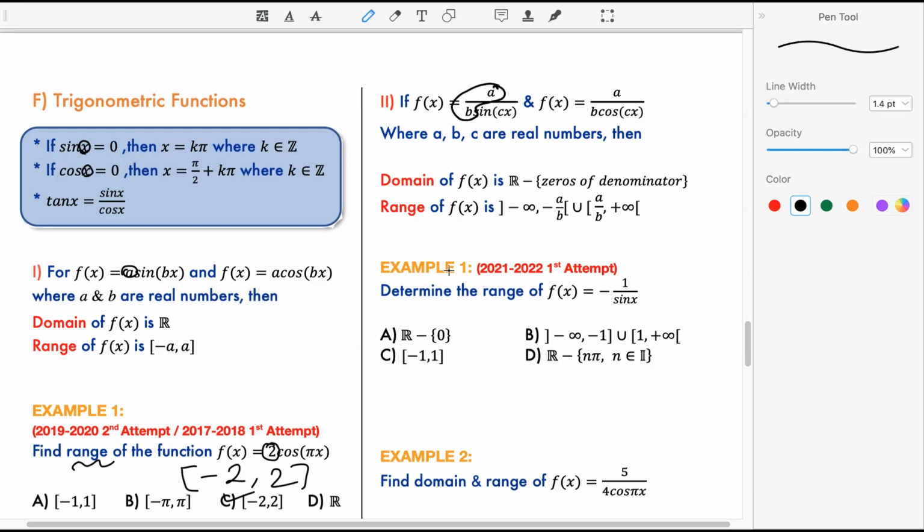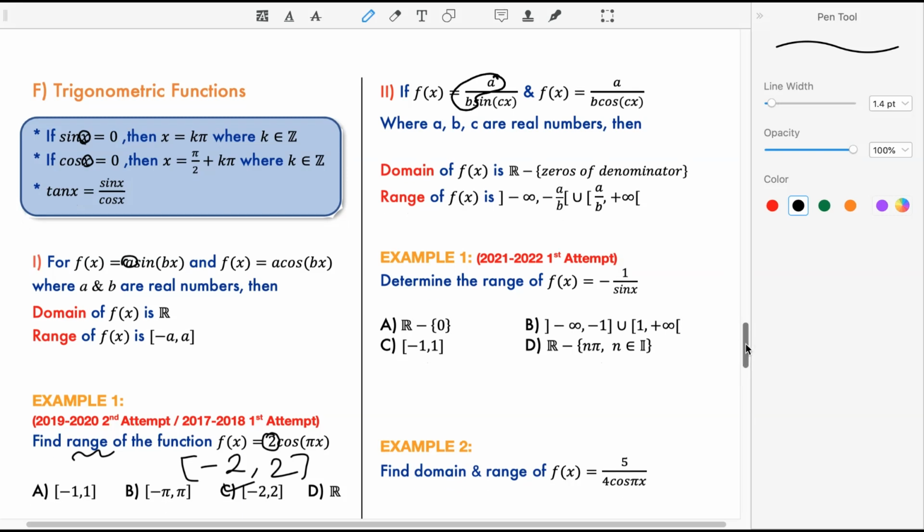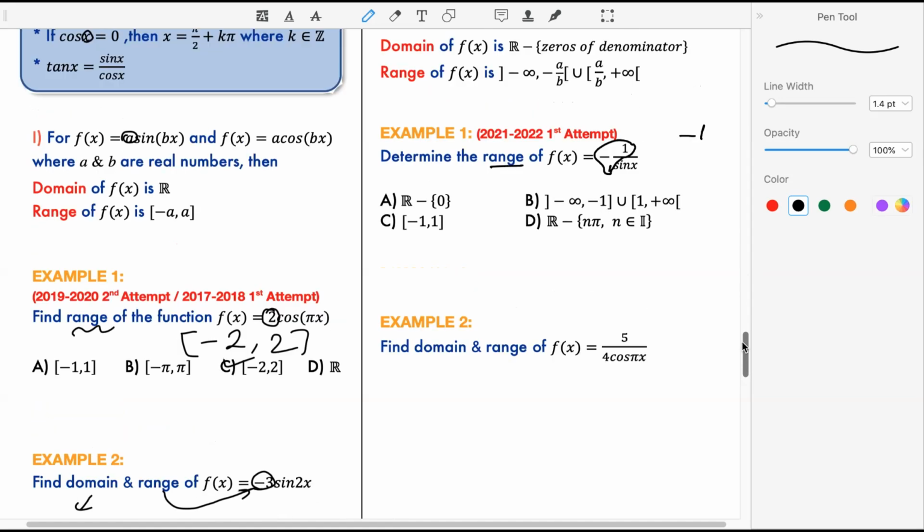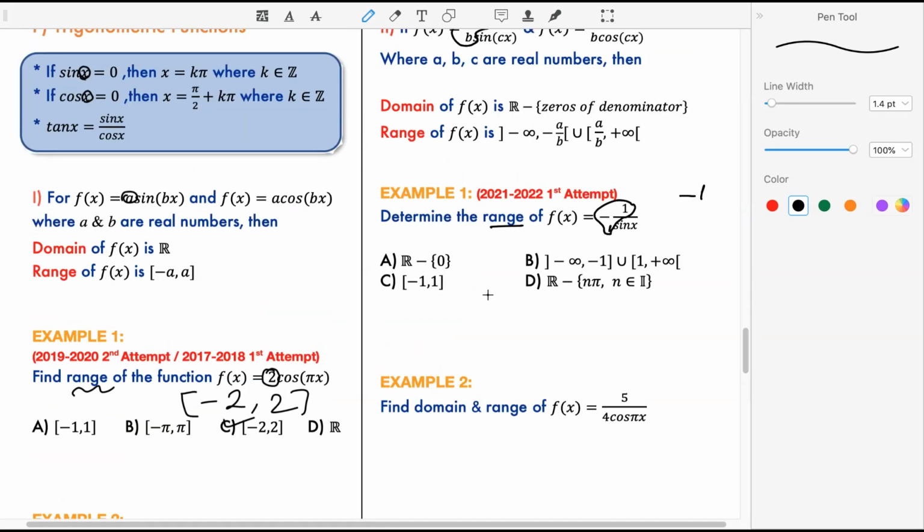For example, a 2022 first attempt ministry question. It's asking about only the range. So apply the rule. What is the coefficient first? Negative 1 over 1. You have 1 in the denominator, 1 in the numerator, but negative in front. The coefficient is negative 1. So according to the rule, negative infinity to the negative of this coefficient, negative 1.